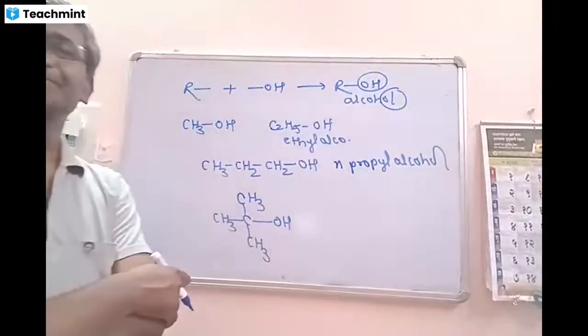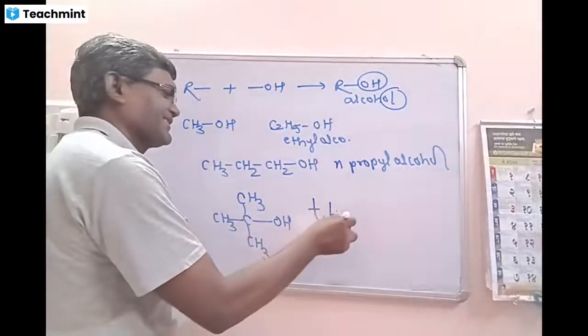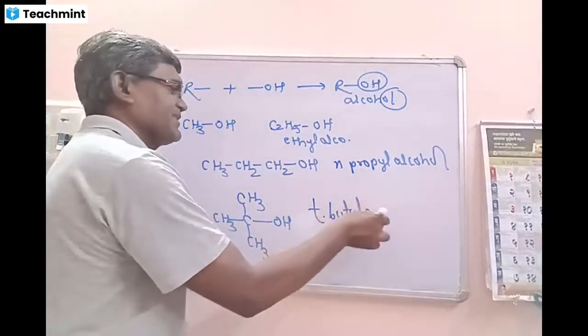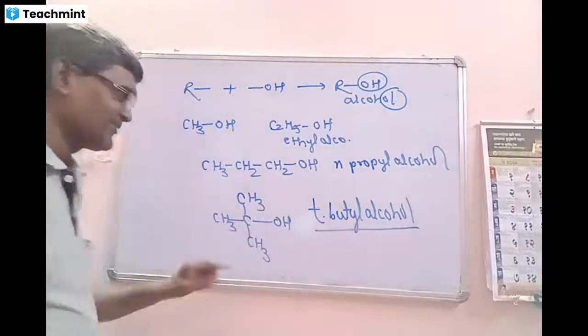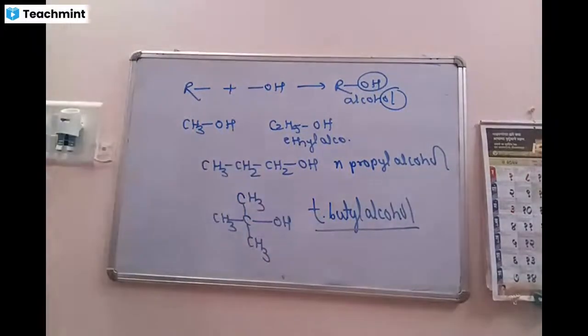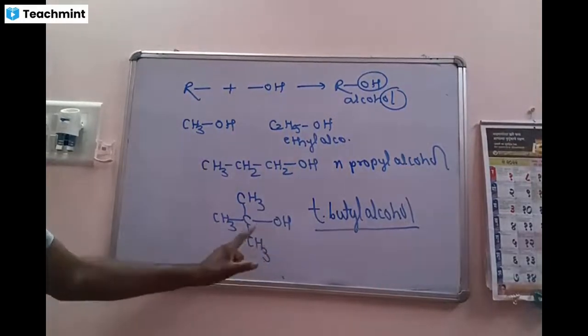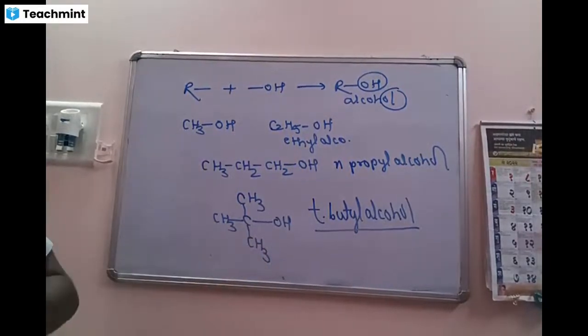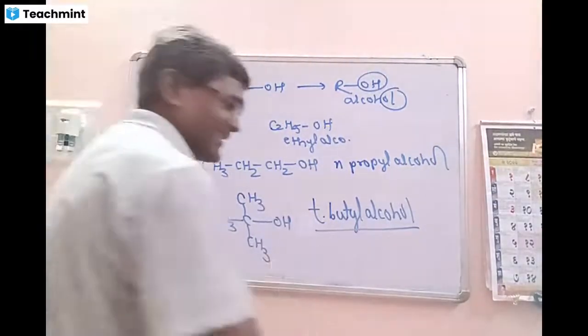No, tertiary propyl alcohol. Wrong. This one is third butyl alcohol. This part is third butyl, and you are having that OH group. So the name will be third butyl alcohol or tertiary butyl alcohol, right?